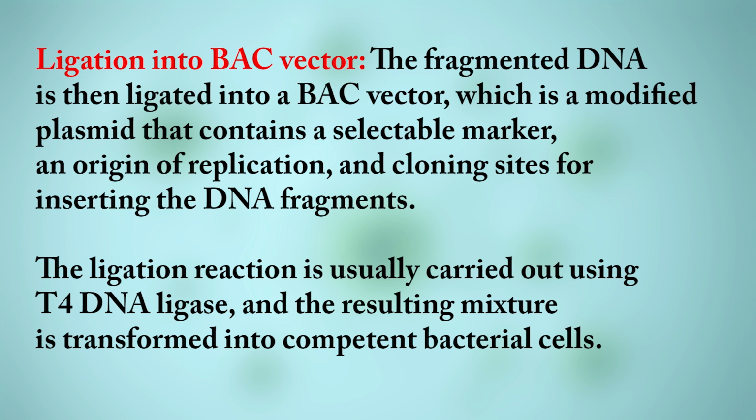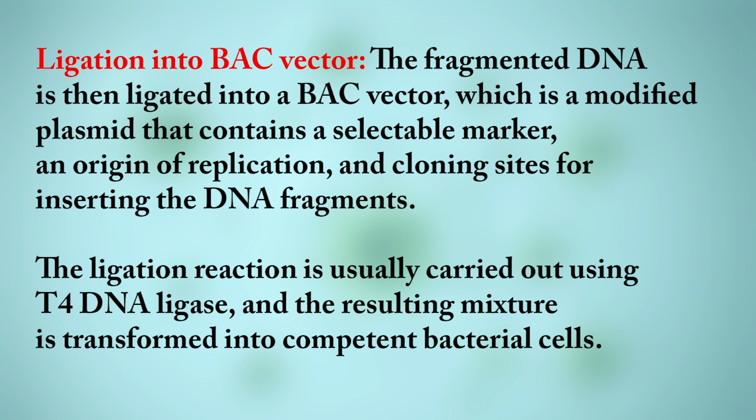The fragmented DNA or the isolated gene of interest is then ligated to the BAC vector, which is a kind of modified plasmid. The F factor has been modified and added with the selectable marker and cloning sites to insert the DNA fragments.